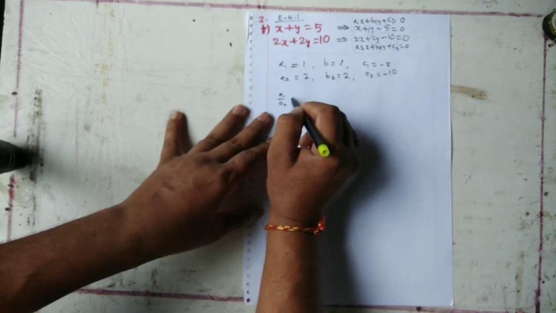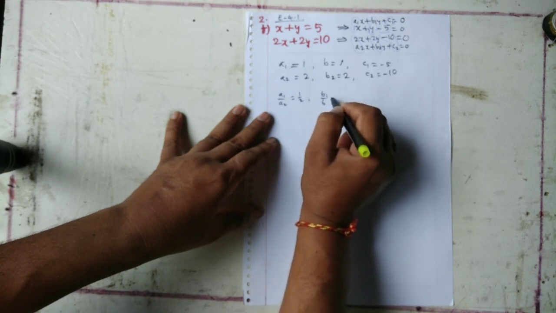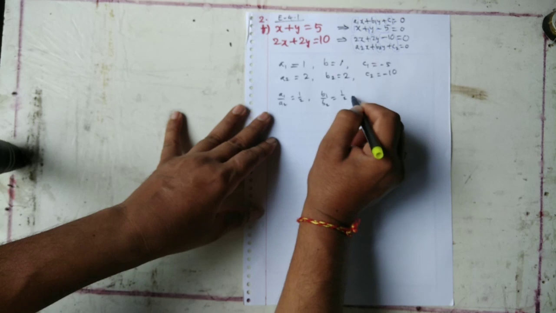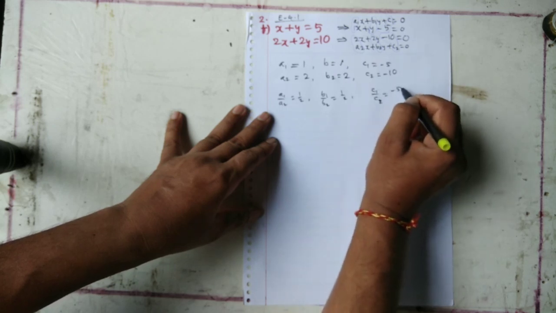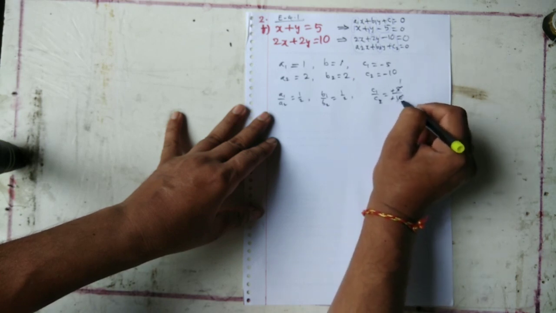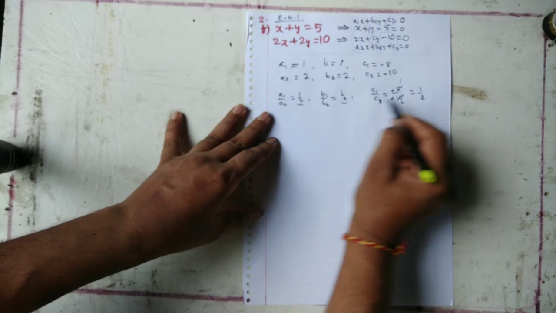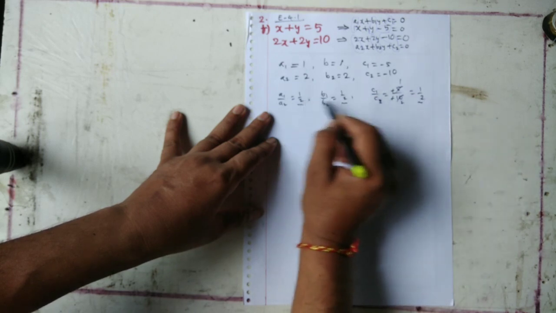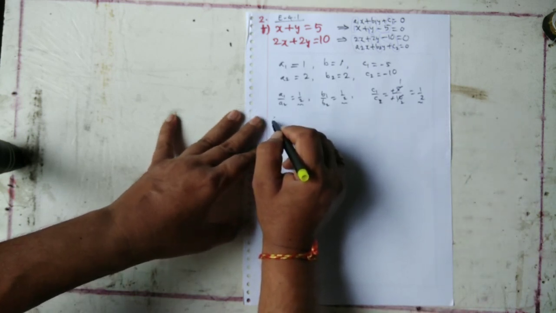a1 by a2 is equal to 1 by 2. b1 by b2 is equal to 1 by 2. c1 by c2 is equal to minus 5 by minus 10. Minus minus gets cancelled. 5 ones are 5, 5 twos are 10, so 1 by 2. By observing these values, 1 by 2, 1 by 2, 1 by 2, so all are equal.